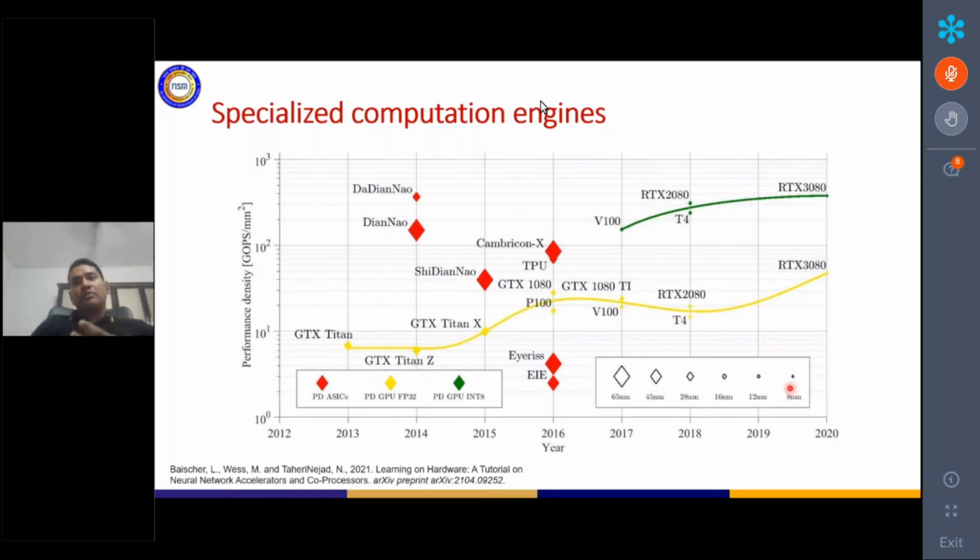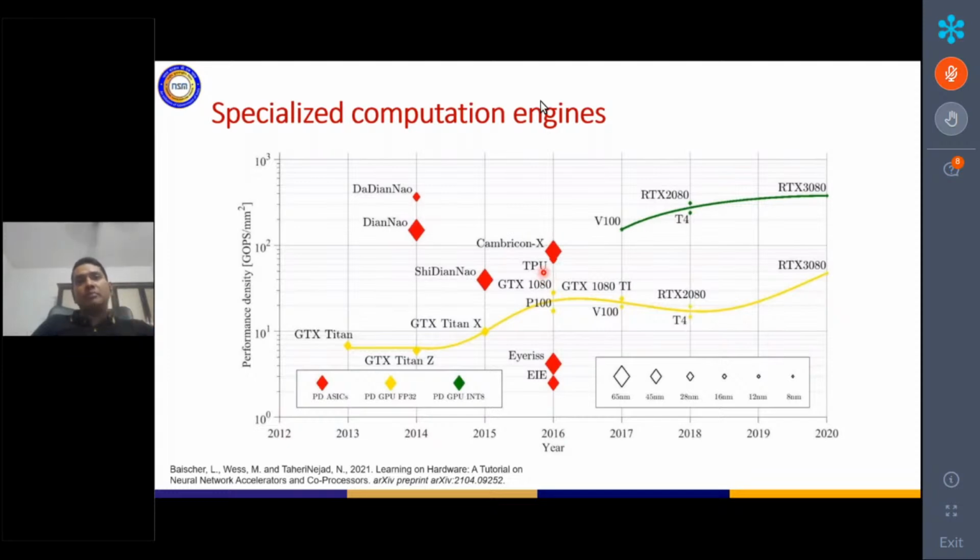That CMOS technology is being used to manufacture these chips like the V100 series of NVIDIA GPU, and also around 28 nanometer is being used for this DaDianNao. This is one ASIC based version of DianNao, which was published in the year of 2014, and in 2016 TPU was published.